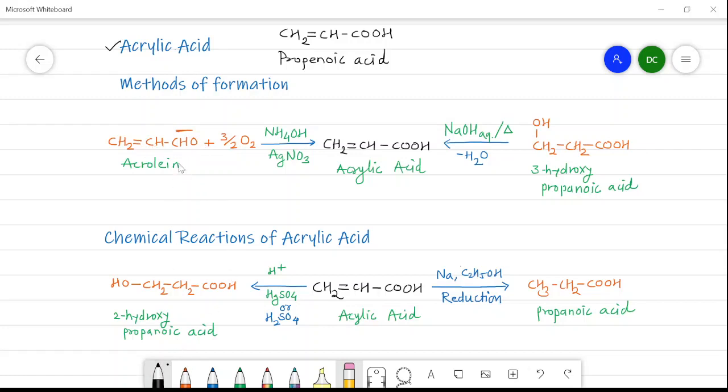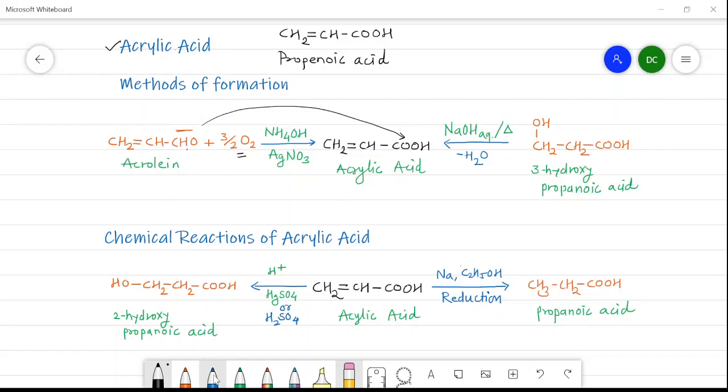For that purpose, in case of acrolein, we have to use Tollens reagent, that is ammoniacal solution of silver nitrate. It causes the oxidation of the CHO group into the COOH group and we get acrylic acid as a product. This is the first method, that is oxidation of acrolein into acrylic acid.